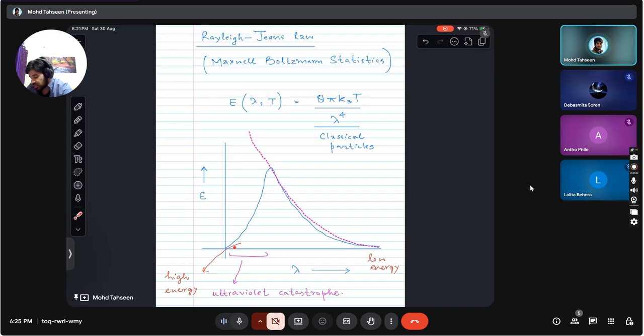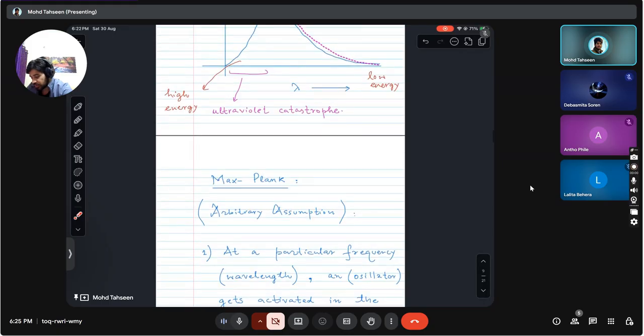But as soon as the wavelength is decreased, we get into the region of high frequency, high energy. So we see that this leads to this curve as predicted by the Rayleigh-Jeans law. It violates the experimental findings. It deviates from this a lot, and this is called the ultraviolet catastrophe.